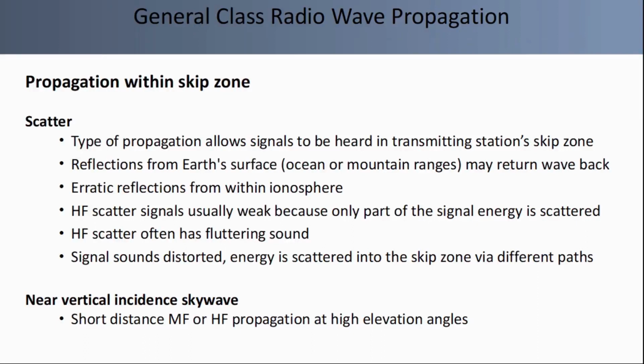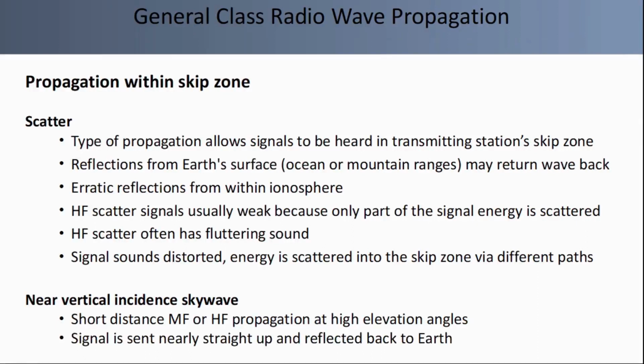What the heck does that mean? That means you use an antenna where the signal is sent nearly straight up. Not quite, but near vertical. It hits the ionosphere and gets bounced back down. So it's like bouncing a ball off the ceiling. If you put the right angle on it, you can get it to come down close to your feet.